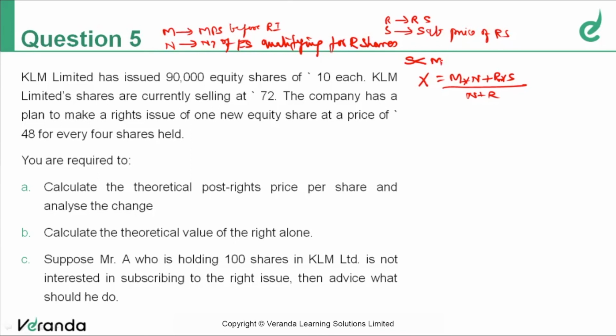Money will not flow into the company. Therefore, to ensure money comes only to the company, the subscription price is expected to be lower than the existing market price, and thereby the theoretical post rights price will be M into N plus R into S divided by N plus R.